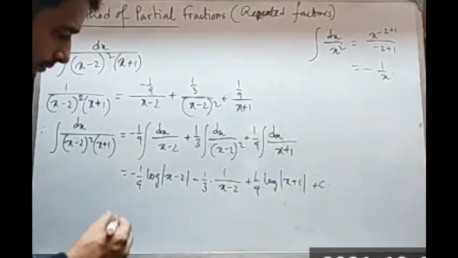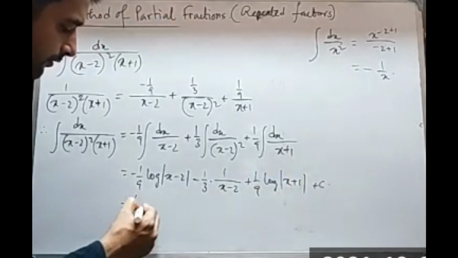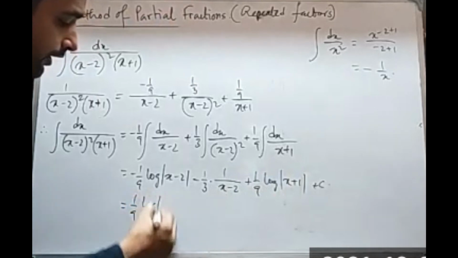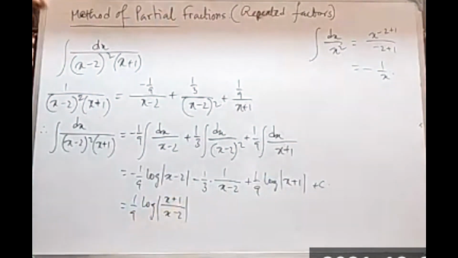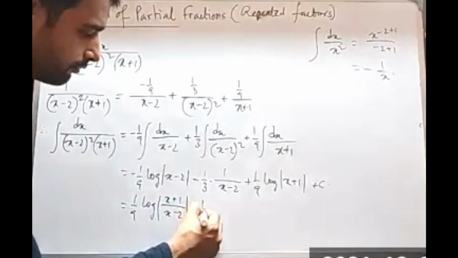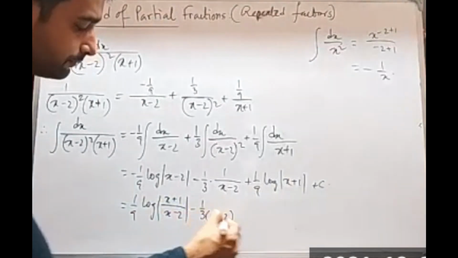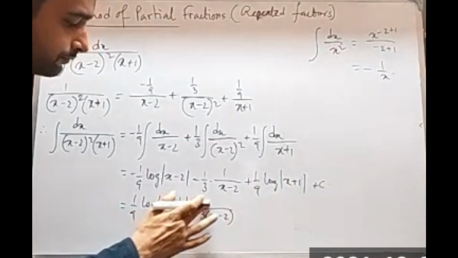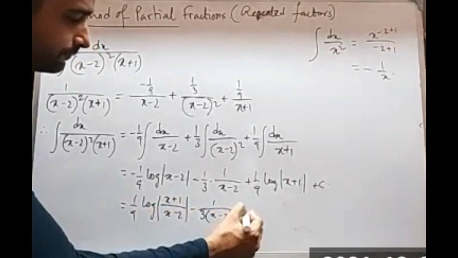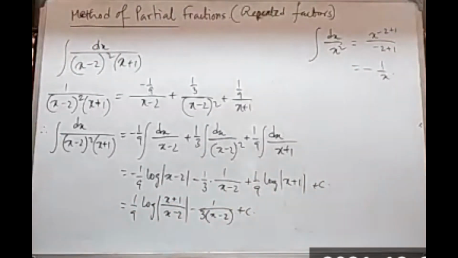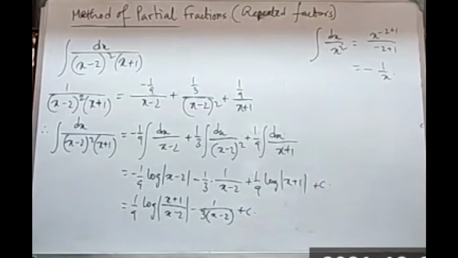So the first and third terms, taking 1 by 9 common, we can write as log mod of (x plus 1) by (x minus 2), minus 1 by 3 into (x minus 2), plus c. So this is the solution.